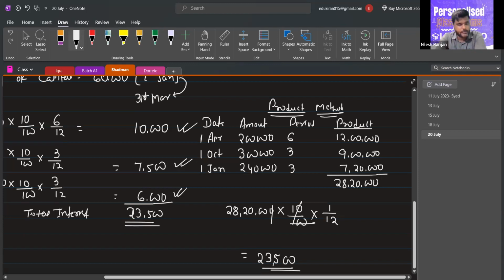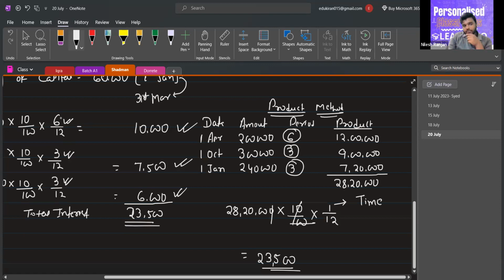So, sir, I didn't understand that 1 by 12 part. We calculate interest for 1 month only because, instead of 1, we always take the time. So time is already multiplied here. At the time of interest calculation, we have multiplied the total amount and rate with this time: 6, 3, and 3.